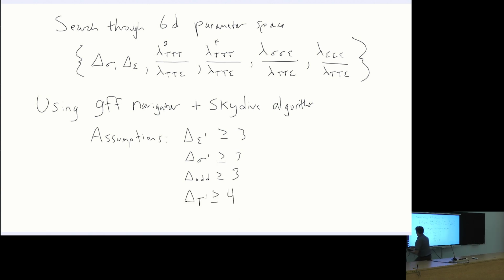To define the navigator, we take our sum rule, with everything appearing in the normal sum rule, and add to it some coefficient lambda times contributions in a generalized free solution.